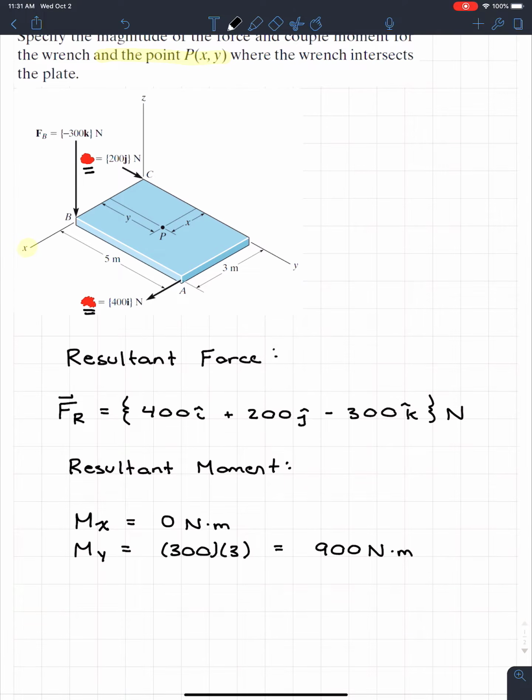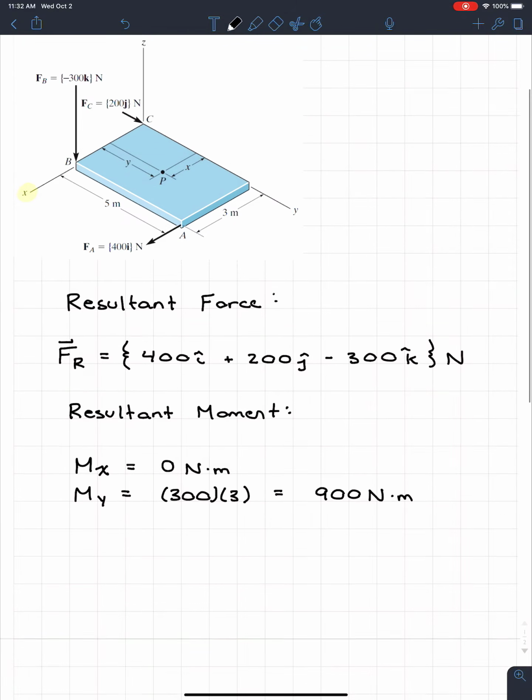And if we look at how that force acts, we can see, and I'll go to red, that it's going to rotate like this, which is counterclockwise about that axis, which means it's a positive moment. So remember, you also have to try and find out if it's going to be a positive or a negative moment. So I'll just erase all the stuff around here. So we got our moment about the y-axis.